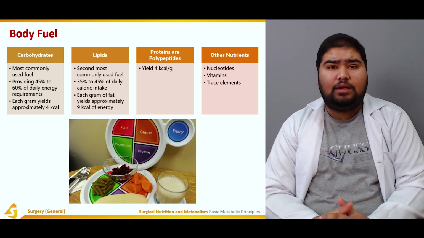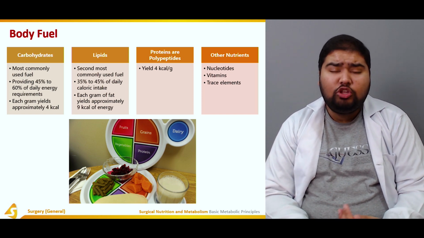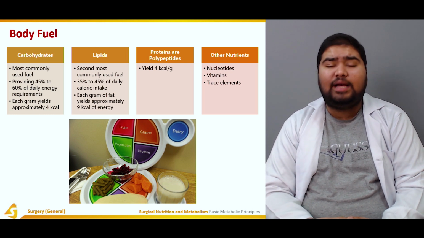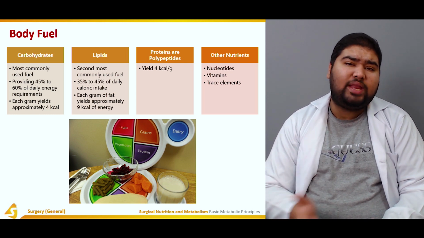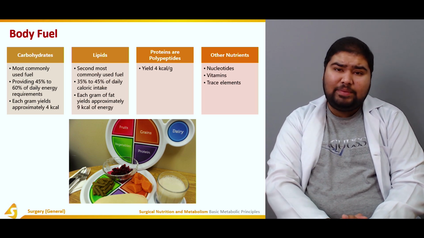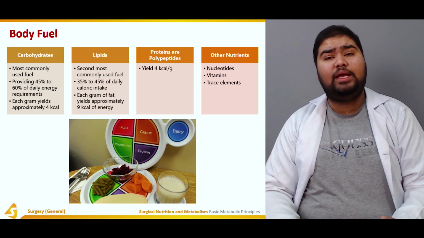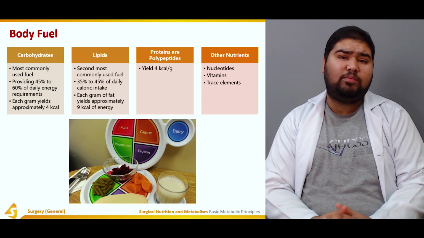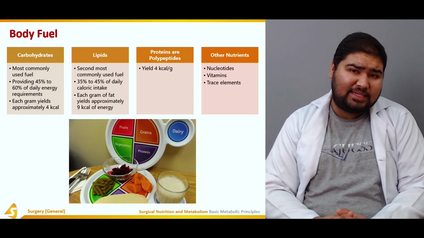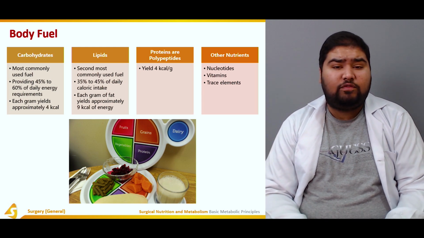Then vitamins are required in small amounts for the normal functioning of the body because they act as coenzymes and help in various reactions throughout the body. And then finally we have trace elements. Trace elements help in various reactions in the body. They act as enzymes, coenzymes, facilitators, and help in the normal function of the body.